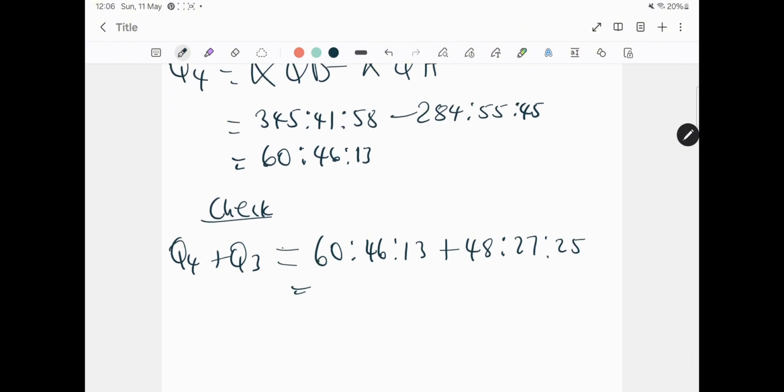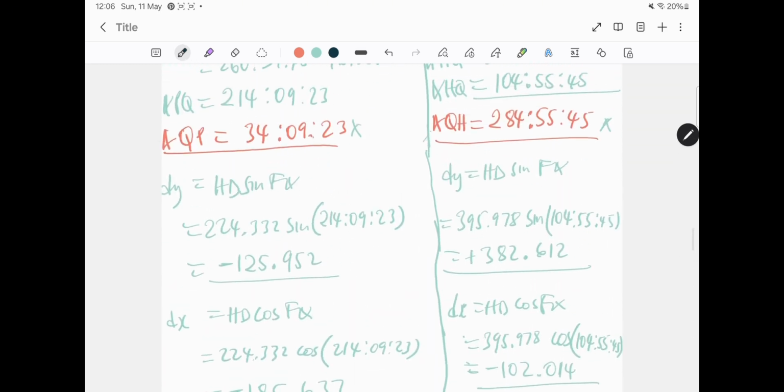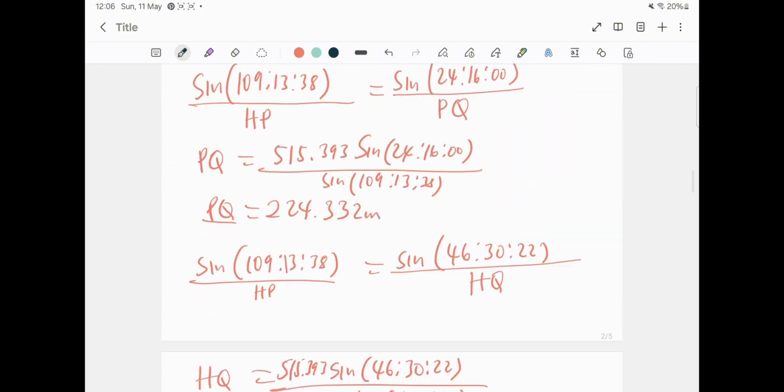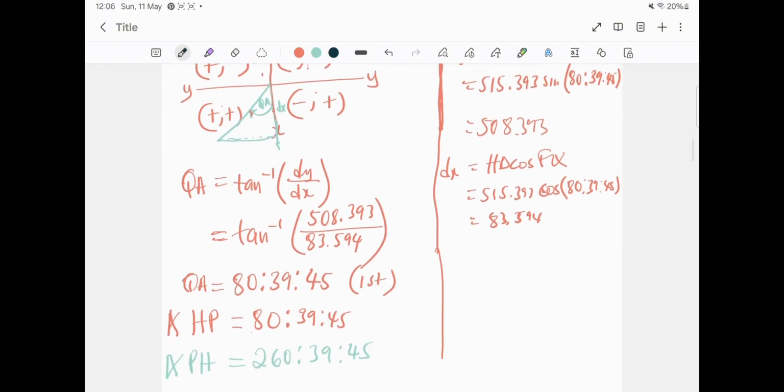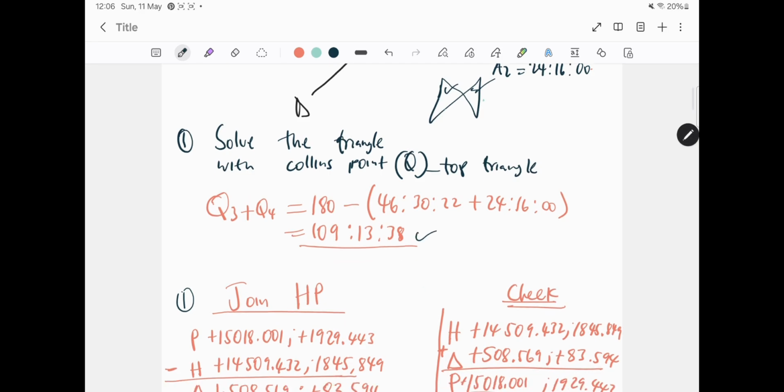So they are giving us 109, 16, 38, meaning we are correct, we're on the right path. This angle is equal to the one that we found at the top when we were starting. So that's our check.